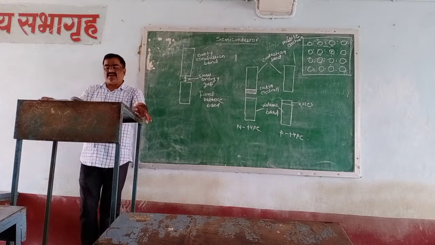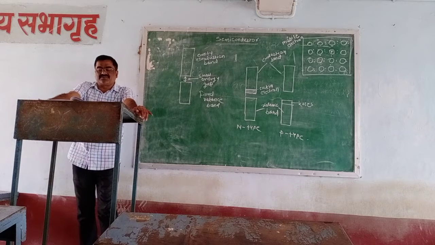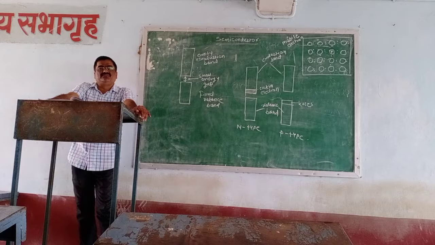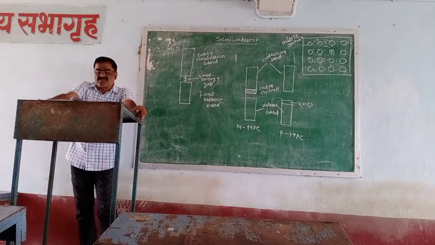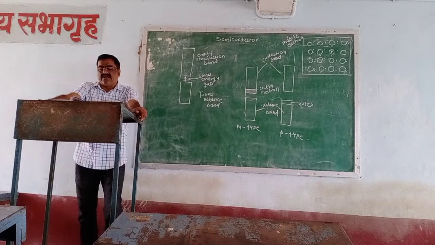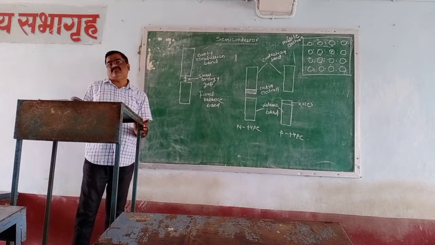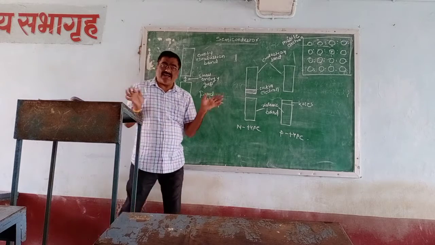The valence band and the conduction band in insulators are separated by a large energy gap called the forbidden zone, and the thermal energy is insufficient to promote the electrons from the valence band to the conduction band. We are talking about the insulators.